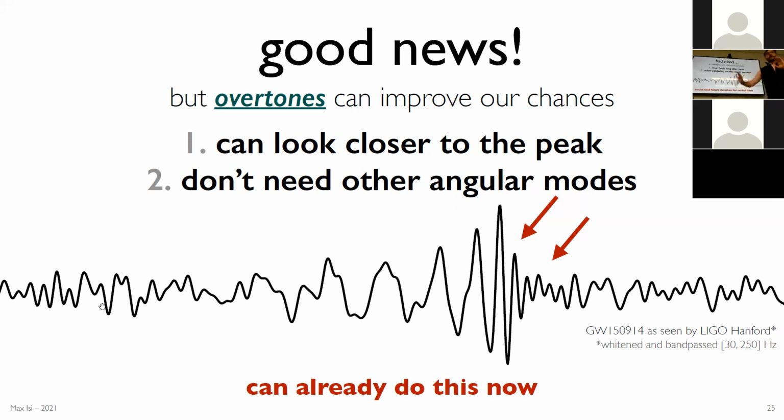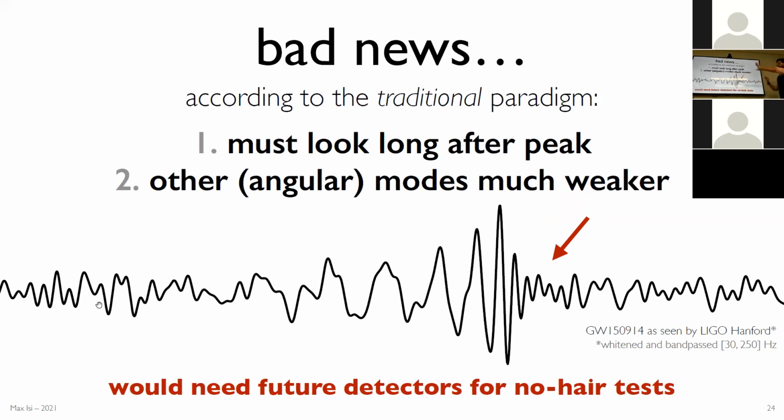Okay, so the expectation was exactly this, that this regime should be highly nonlinear, that you would have to go later on, and if you want multiple quasi-normal modes, different harmonics, the secondary angular harmonics are much weaker than the dominant one, so it's basically hopeless with current detectors. This picture left out the overtones.